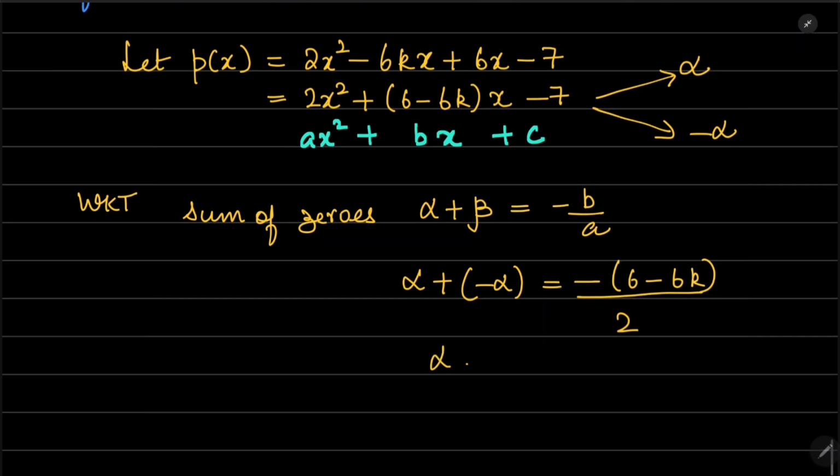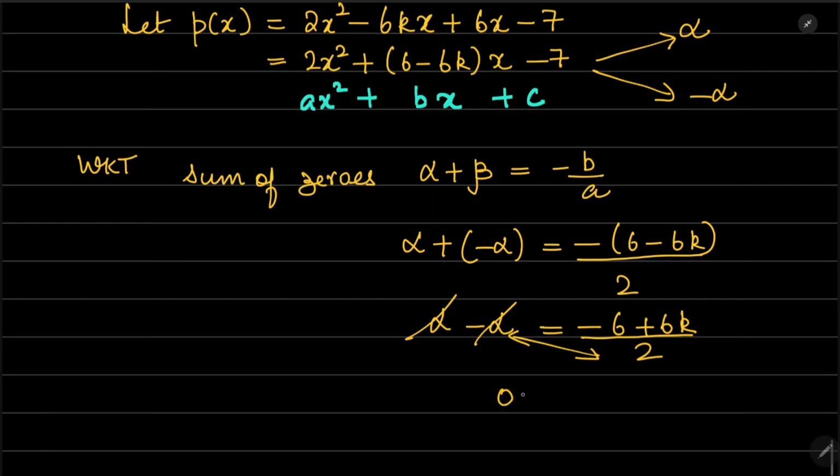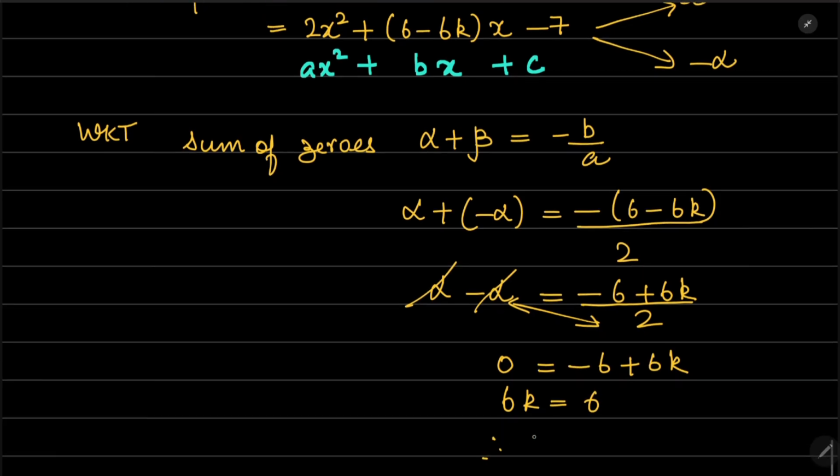So this is nothing but alpha minus alpha is equal to minus of 6 minus 6k divided by 2. So alpha gets cancelled. This is 0. And then when you cross multiply, 0 multiplied by 2 will become 0. So 0 is equal to minus 6 plus 6k, or 6k equal to 6, or k equal to 1. Therefore, k is equal to 1 is your final answer.